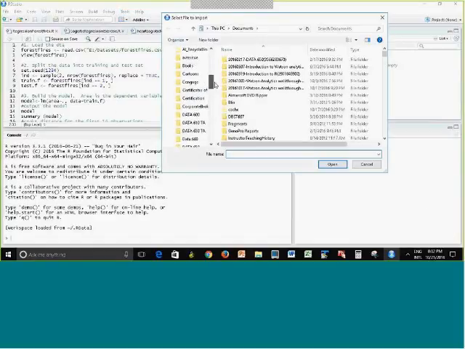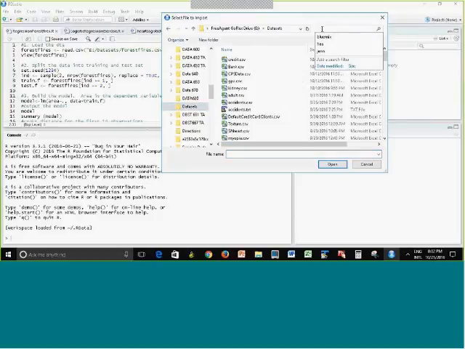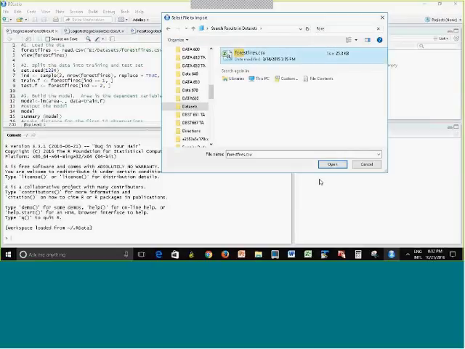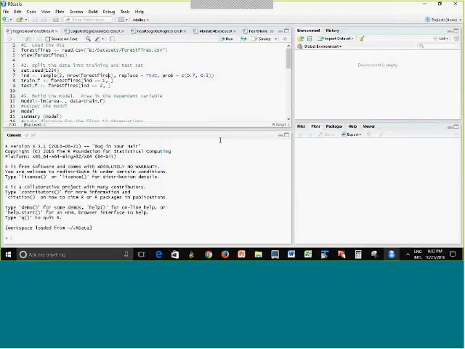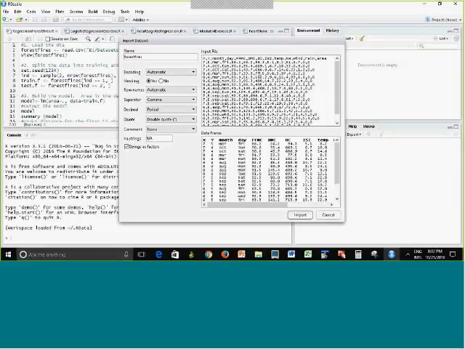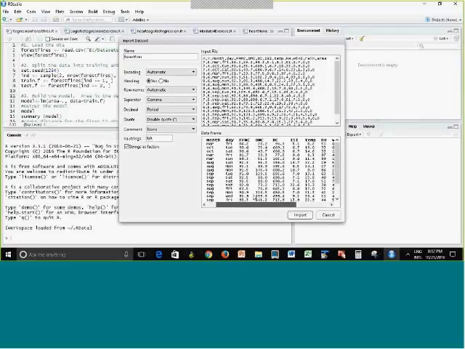Now, what I did was I have a folder, and I called it dataset, and in that folder, I have a dataset called forest fires. Right, here it is. So I'm going to select it, and that just gives you an idea what my data looks like. This is the actual data in the CSV file, and here I see the preview.